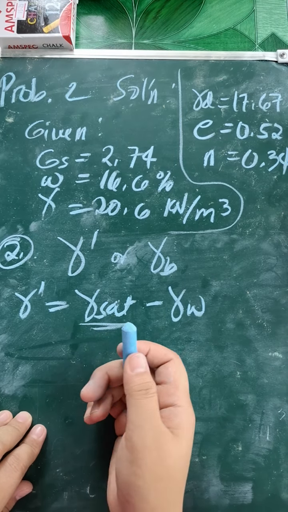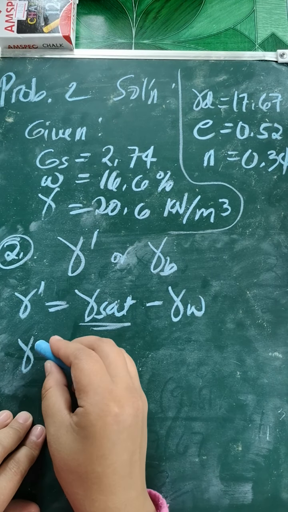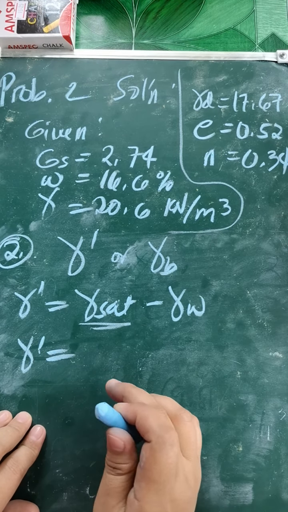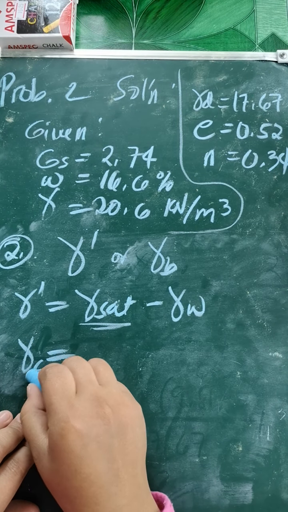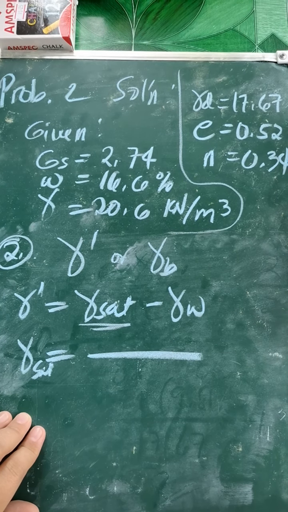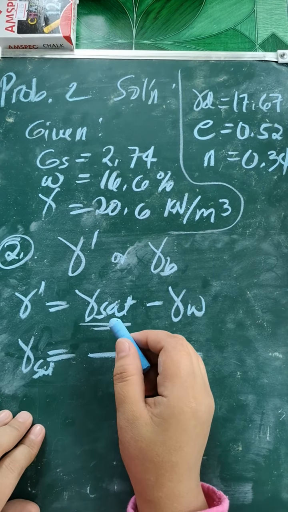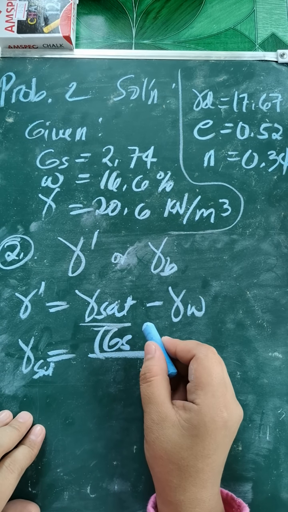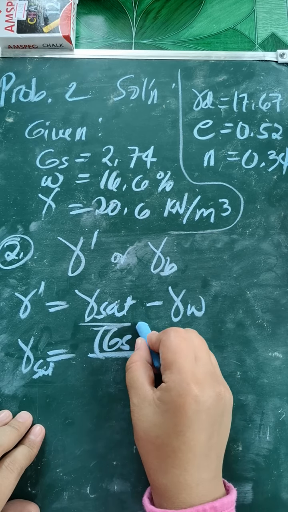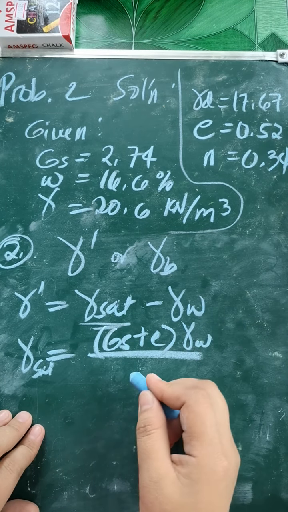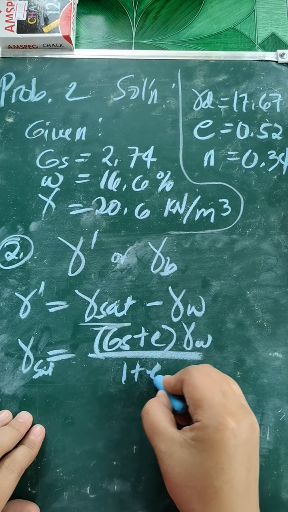So gamma sat equation, that is equivalent to the specific gravity plus the void ratio E multiplied by the unit weight of the water all over 1 plus E.